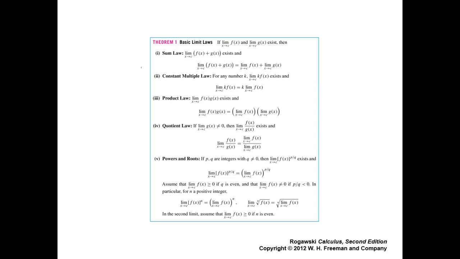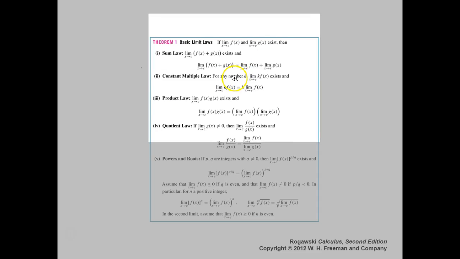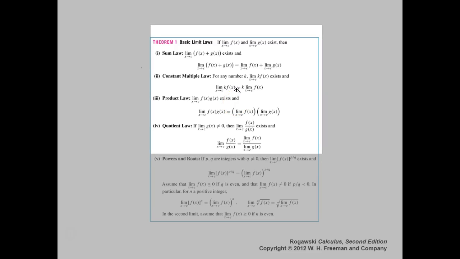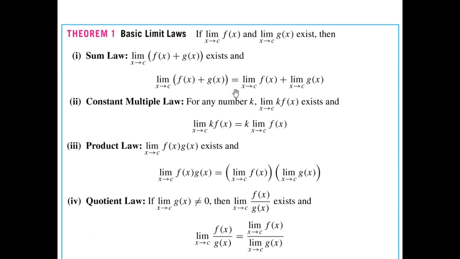Here are our limit laws. I won't be able to blow the whole thing up, but I'll blow a portion of it up just to make it a little easier to read. Okay.